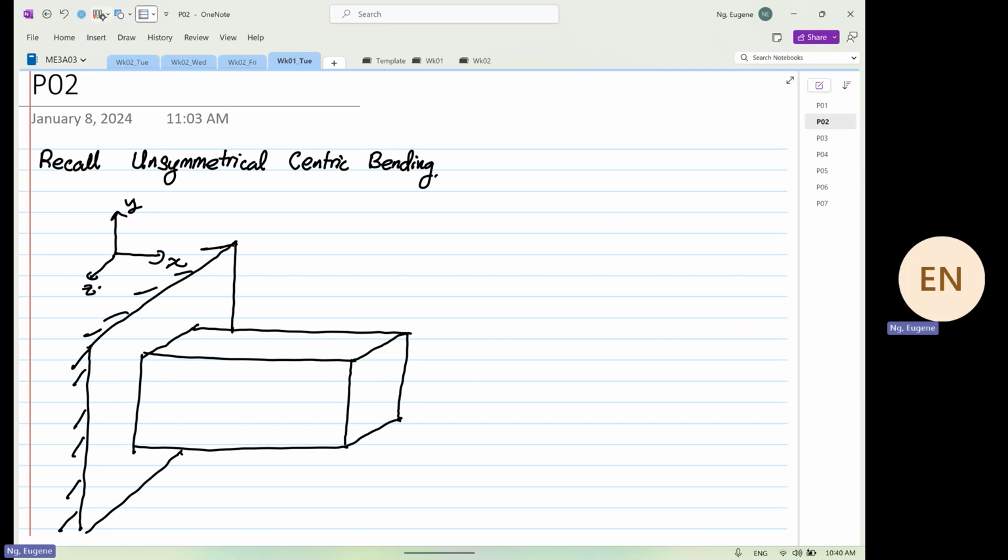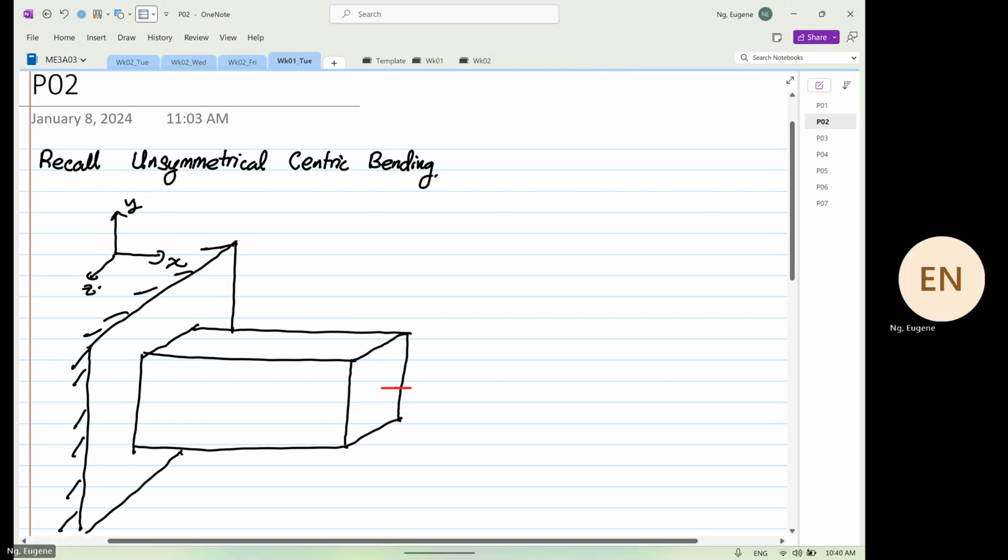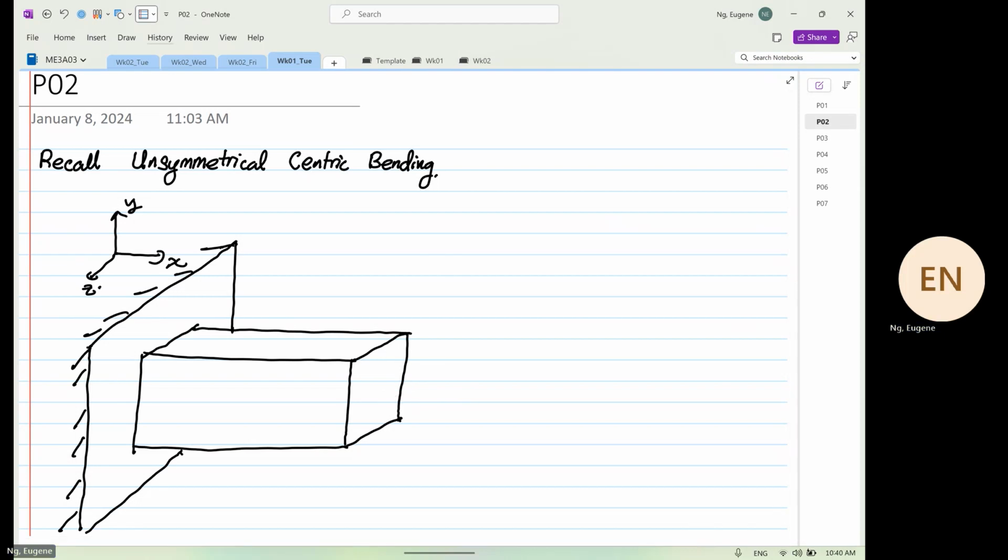And then I'm going to draw this is moment about Y. There's an applied moment about Y. And there's another applied moment about Z.